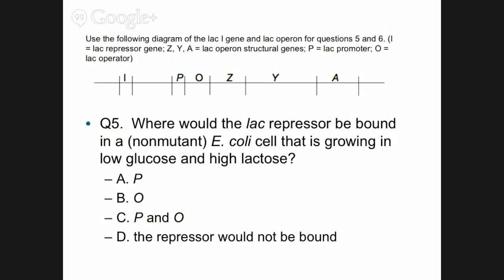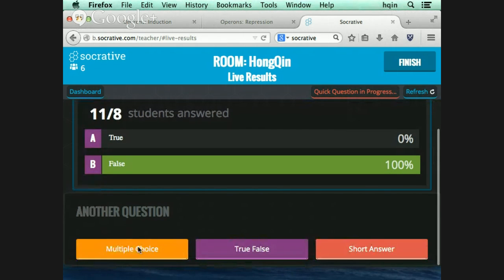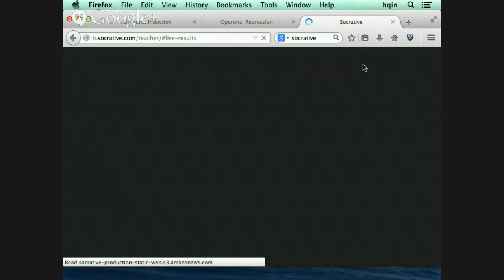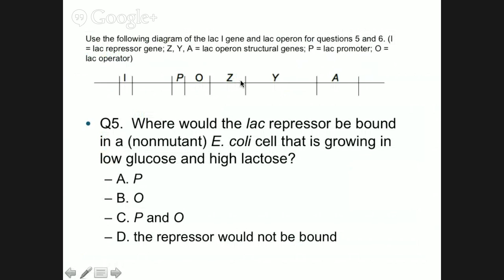Okay, first on the paper you have, draw a diagram, and where would the lac repressor be bound in this wild type E. coli? This will be multiple choice, A, B, C, D. Okay.